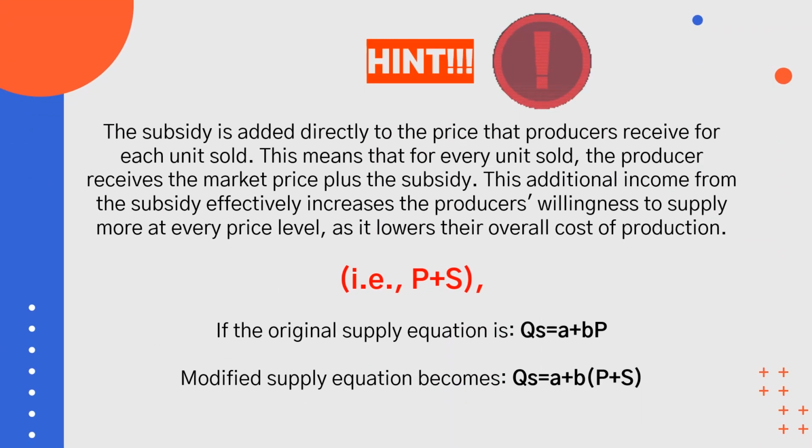Usually the subsidy adds directly to the price that producers receive from each unit sold. So in this case, it works in the opposite direction. But please remember, always use the brackets. This additional income from the subsidy usually increases the producer's willingness to supply more at every price, because we have something called the law of supply. The more the supplier receives in payments, the more he is motivated to produce.